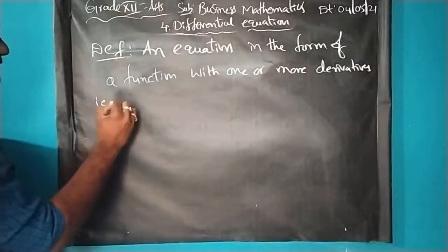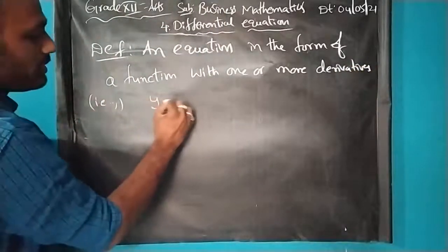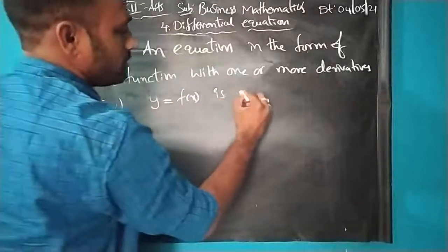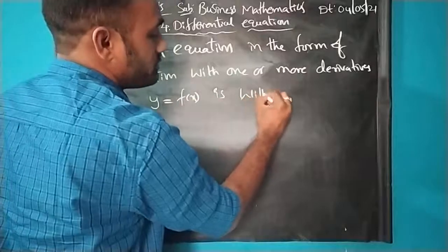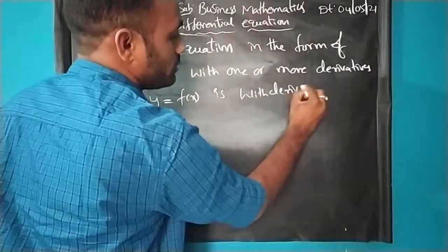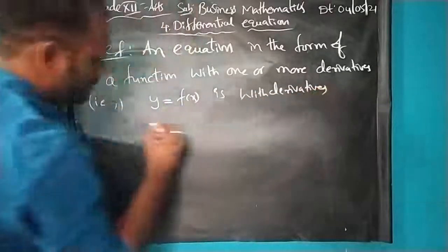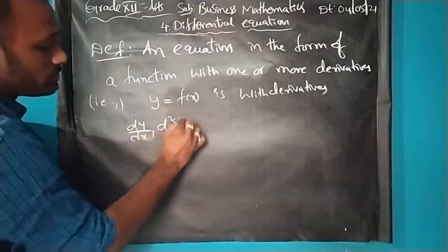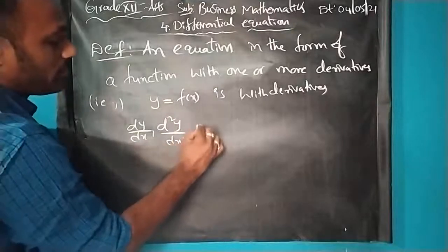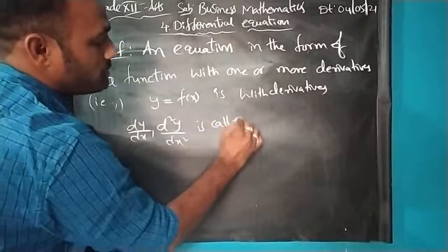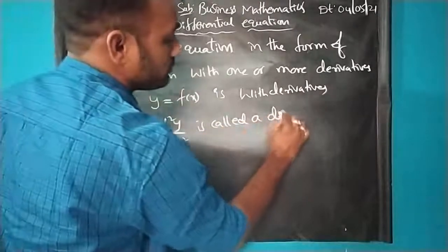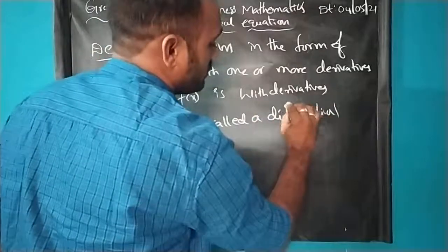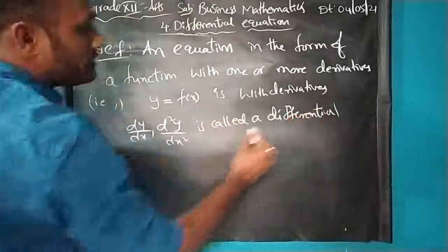That is, we can say in this format also, if the function y is equal to f of x is with the derivatives, so the derivatives may be dy by dx or d square y by dx square, it is called a differential equation. This is the definition of the differential equation.